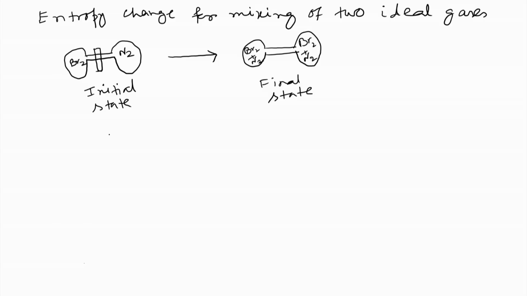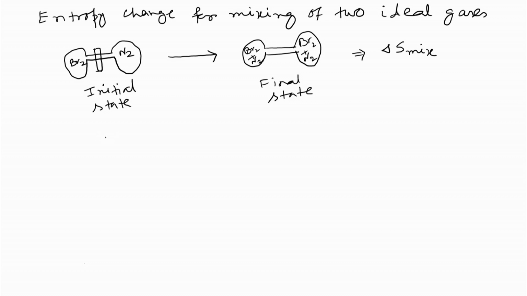We are assuming here that both bromine and nitrogen behave ideally. Okay. And our goal is to calculate the entropy of mixing of bromine and nitrogen.